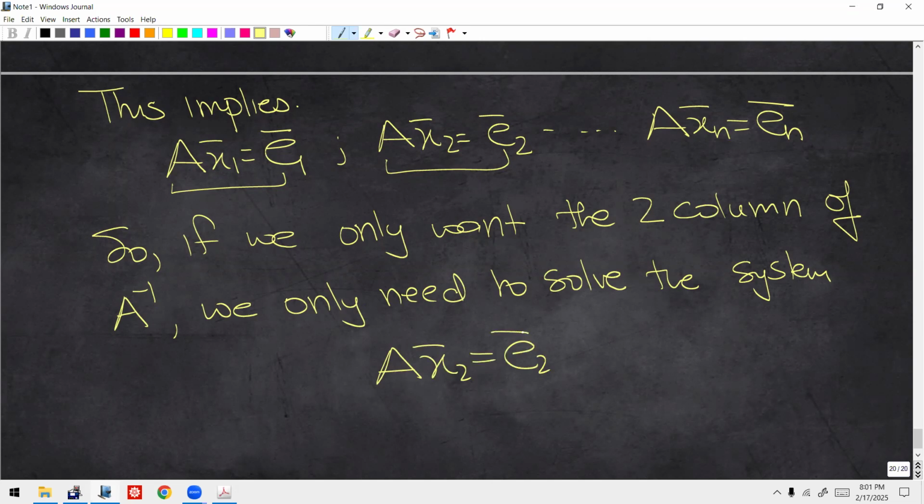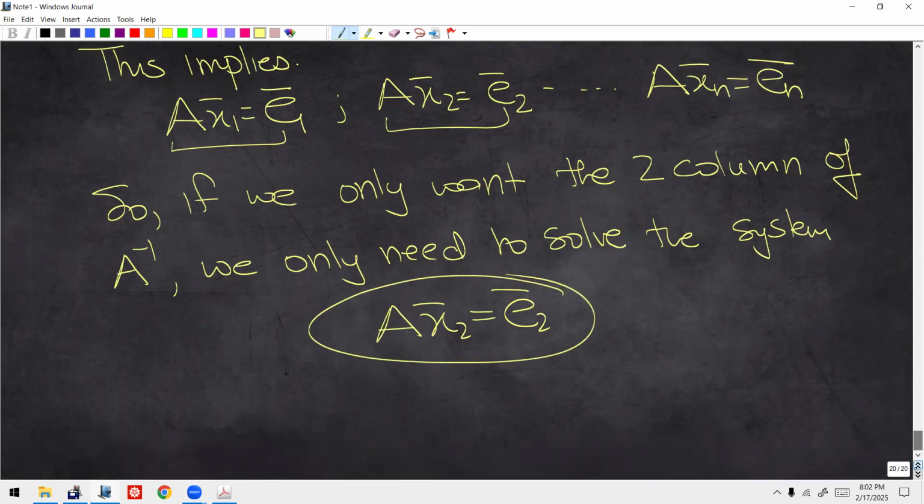This will give us the second column of A inverse. So that is just a trick: instead of finding the whole thing, if you just want to find one particular column, we can use this little trick.